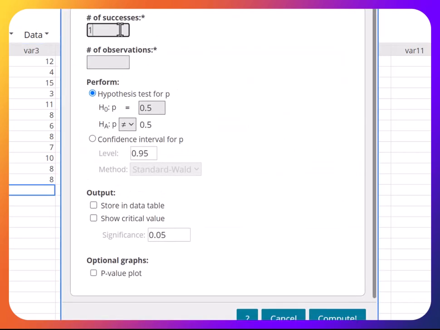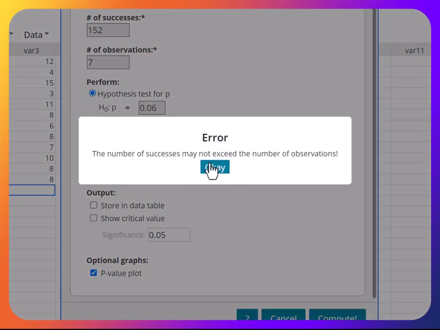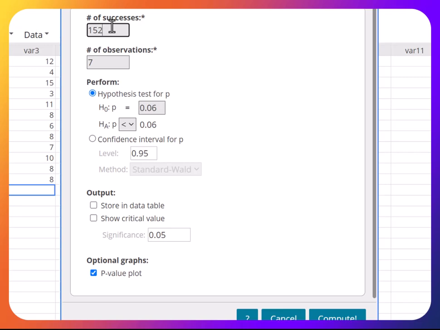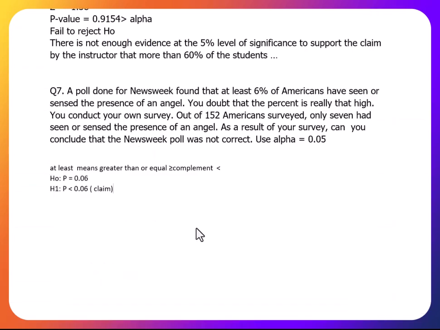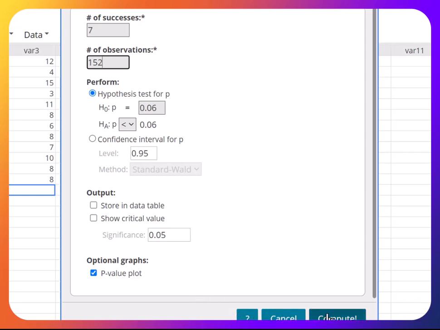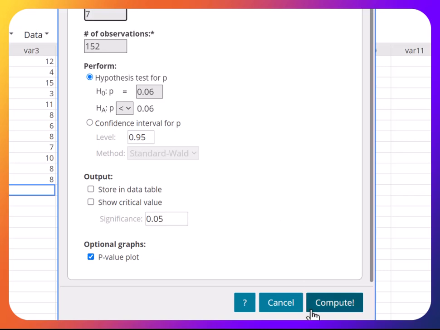Number of successes is 7, we're testing against 0.06, and we think it is less than that. Oh, number of successes, that's the 7, sorry. Number of observations is the sample size. The first one is x, and the second one, I mixed up the two. Let me double check. Yes, 152 and 7. And finally, hit compute. Let me raise it so you can see compute, guys.